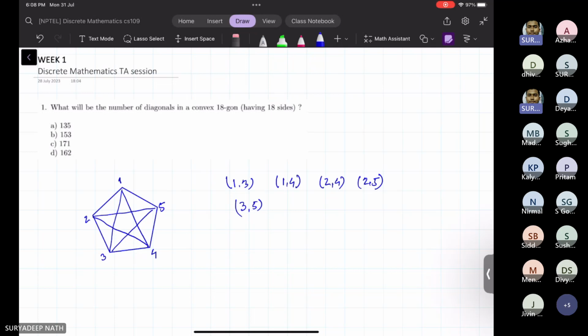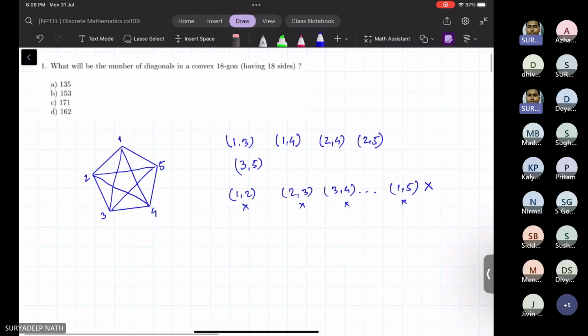So these are the only 5 diagonals that you can see. But 1-2, 2-3, 3-4, and 1-5 are not diagonals. None of them are diagonals. These are the edges.